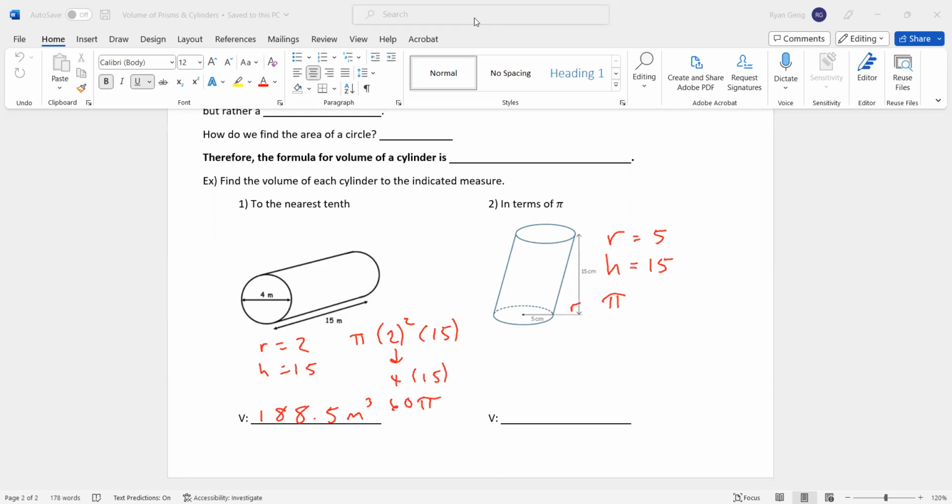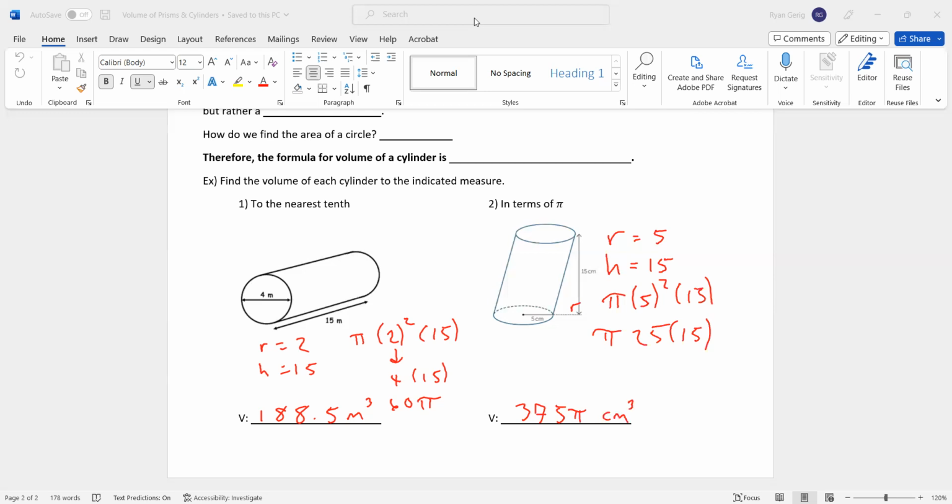So pi r squared times the height. So I got 25 times 15 times pi. So 25 times 15 is 375 pi. And that would be centimeters cubed.